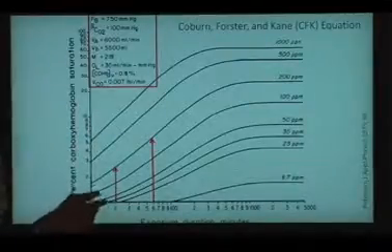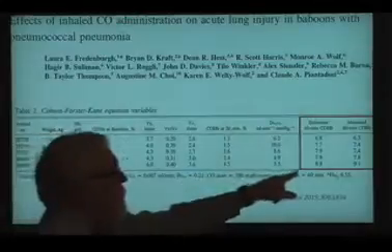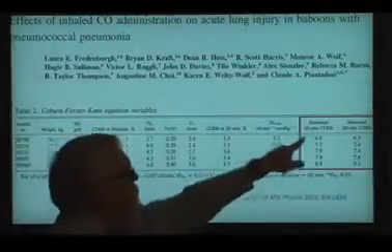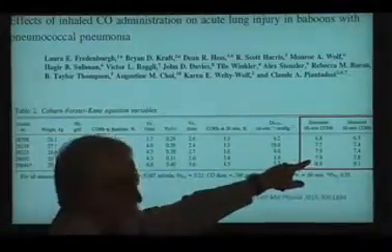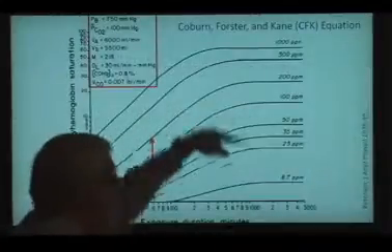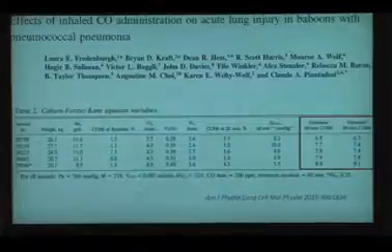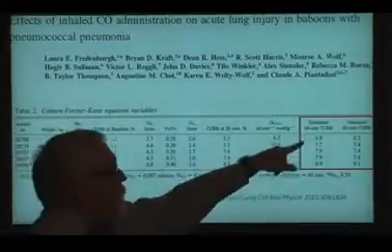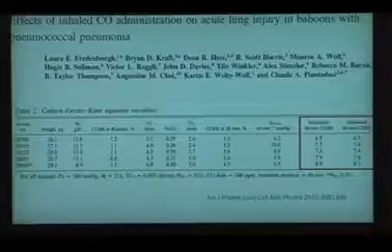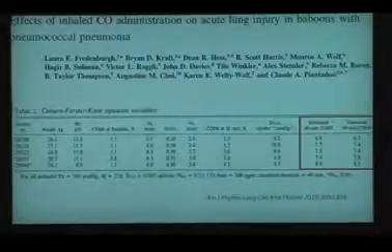It turns out that the relationship worked out very close. Here is the estimated carboxyhemoglobin off of these relationships. Here is the measured carboxyhemoglobin. They were very close. Got us, for the most part, right in that range of 6 to 8% carboxyhemoglobin.